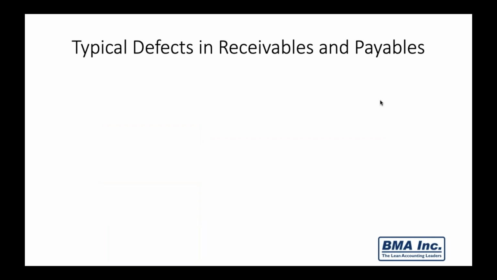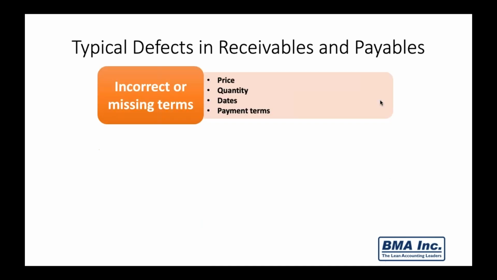We want to put numbers to it, because when you put numbers to a problem, it helps people understand the magnitude of the problem. Because you could always say, well, we have defects. What's our defect rate? Is it good? Is it bad? So here are the typical defects that occur in receivables or payables.